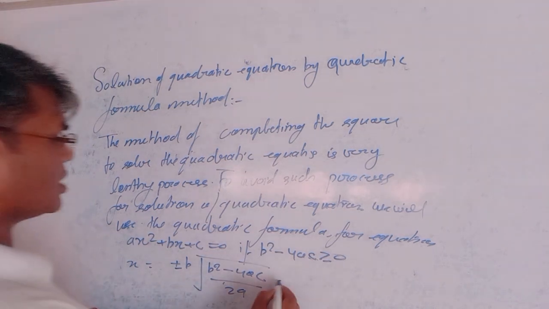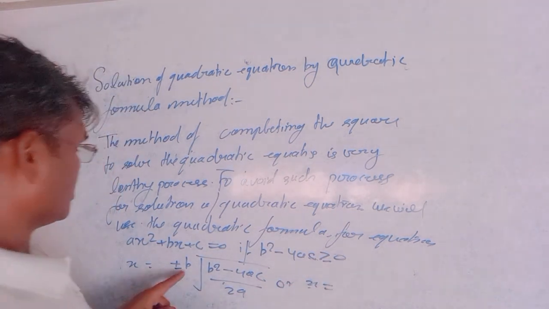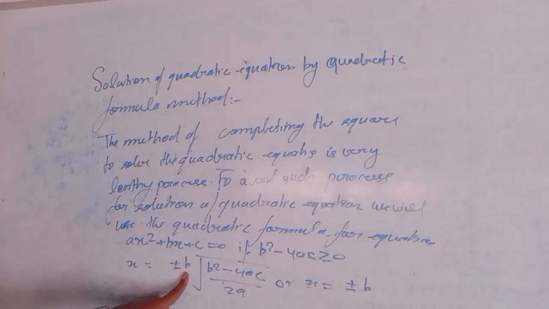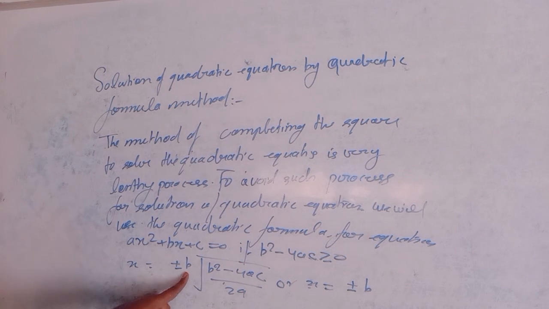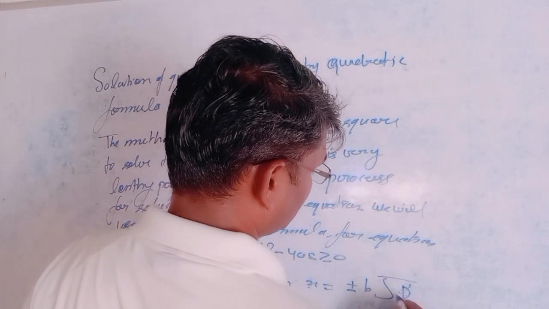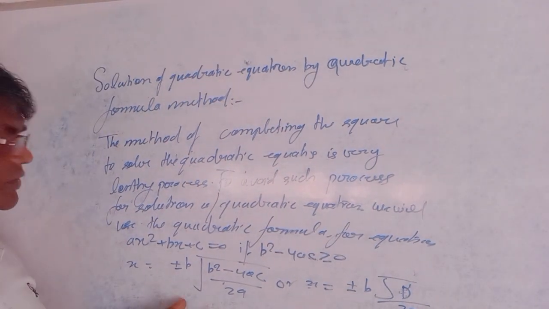Or we can say x is equal to minus b plus minus under root D by 2a. So we have written two formulas here.